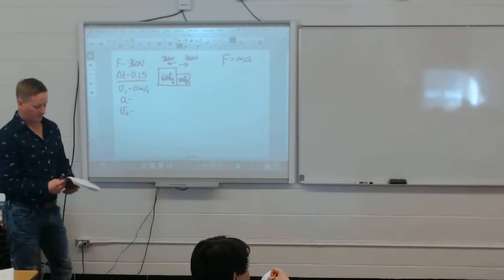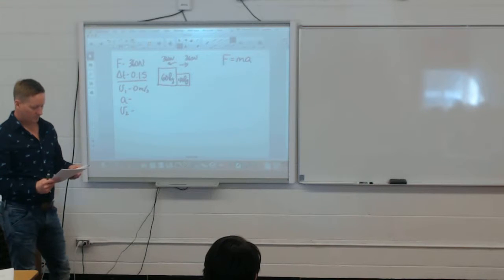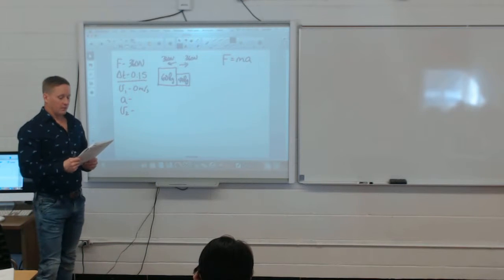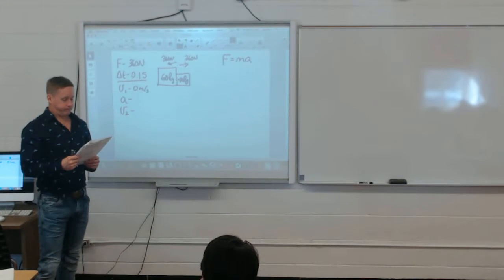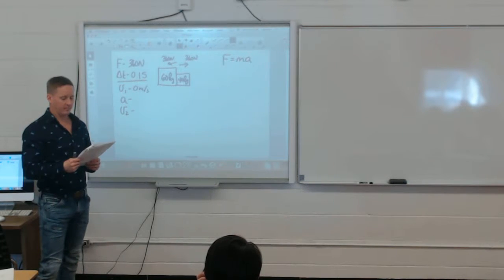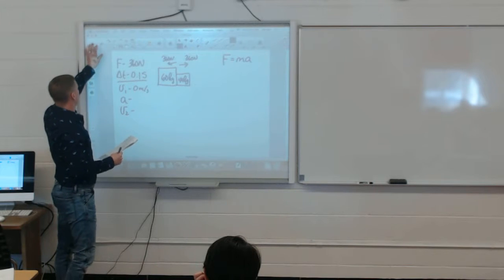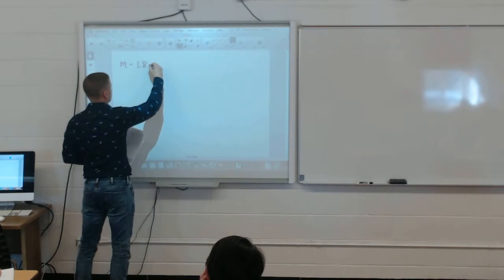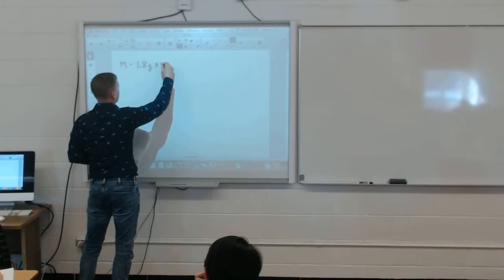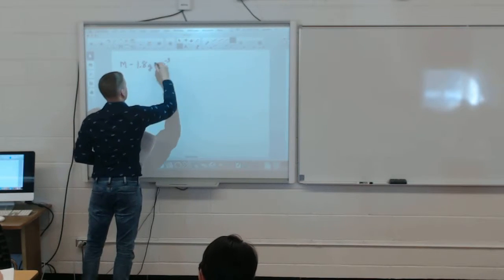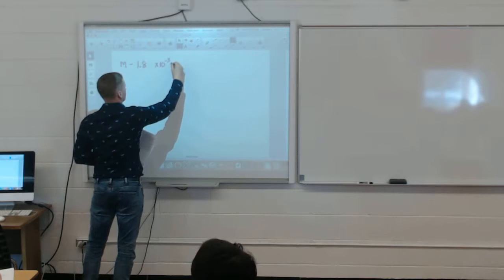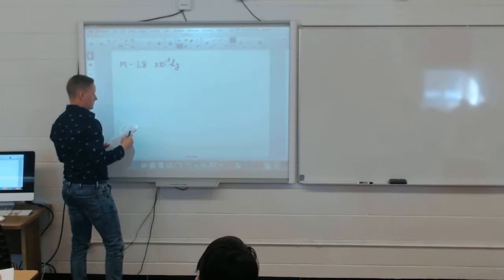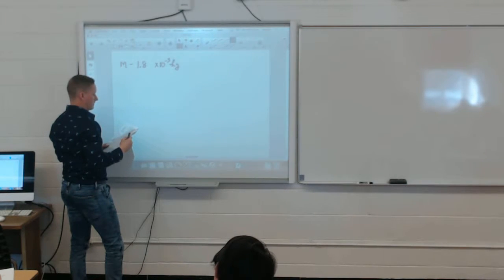On the next page, 150. I got 1800 newtons, but it's supposed to be 900. A .22 caliber bullet, mass 1.8 grams, shoots with a muzzle velocity of 500 meters per second.